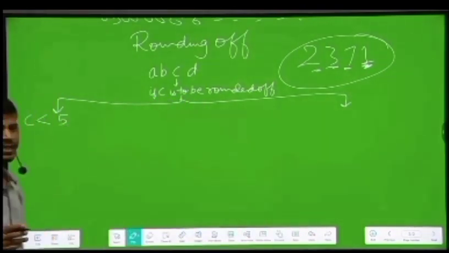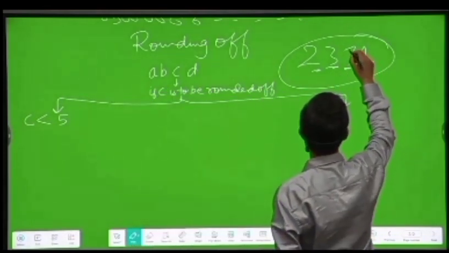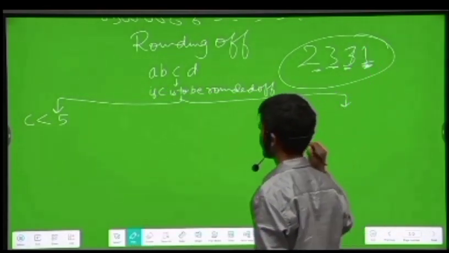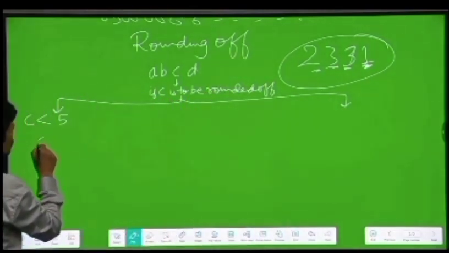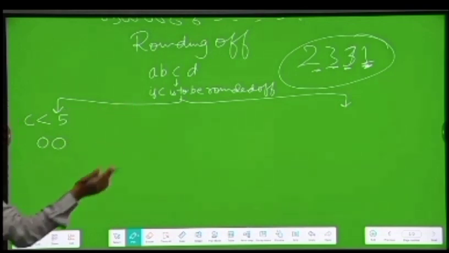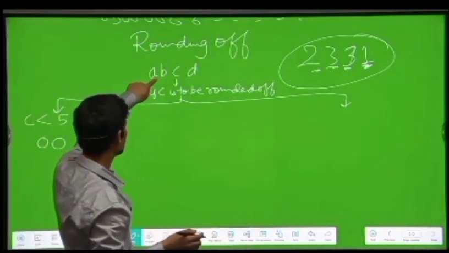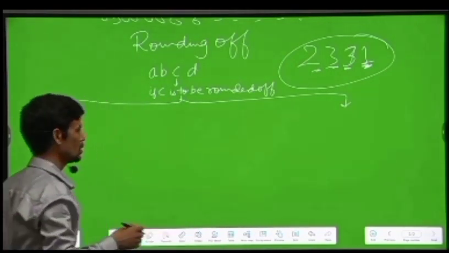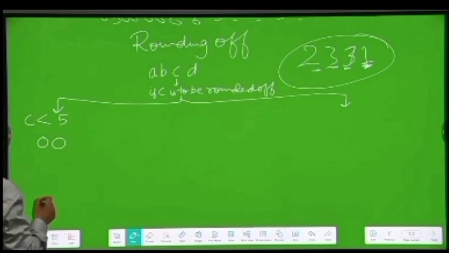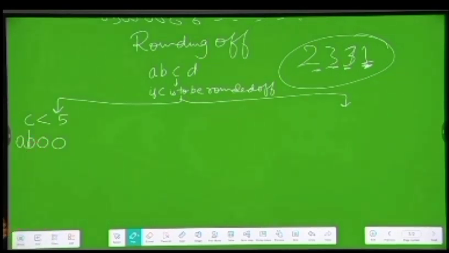If c is less than 5, let us suppose it is 3, then we are going to just drop it. We are just going to write it 0, and d will also always become 0. I mean, if we want to round it off up to b, then b, c, d all will become 0. And this b and a will remain as it is. There will be no change.